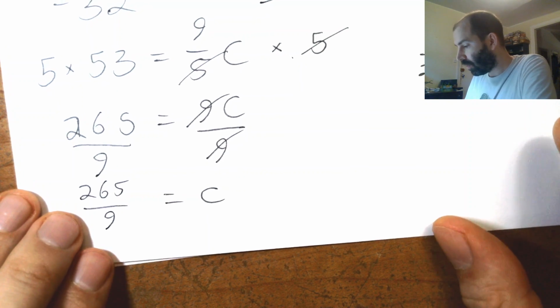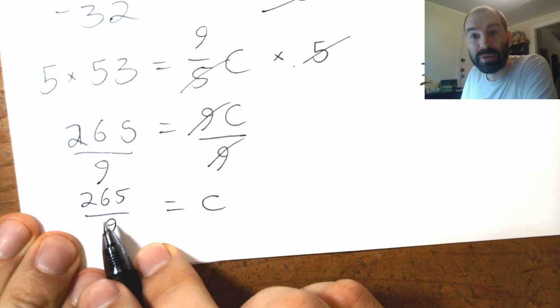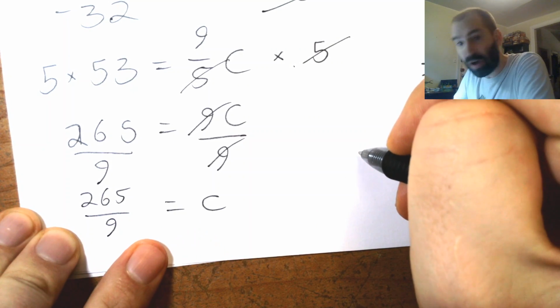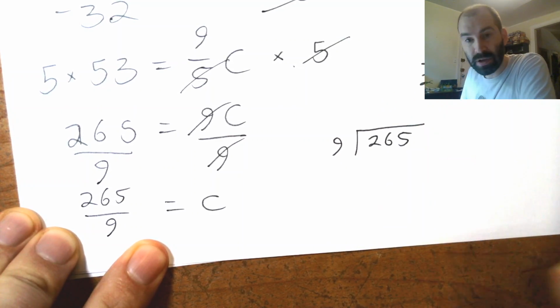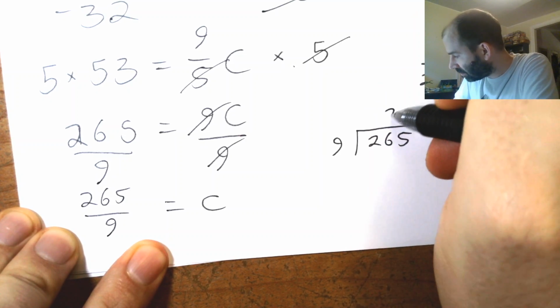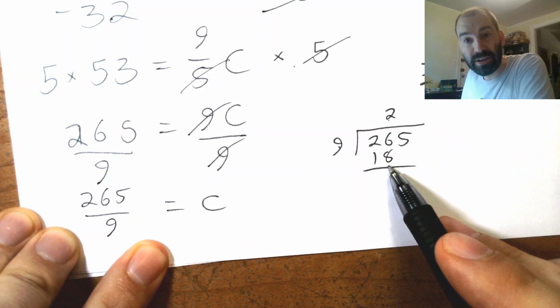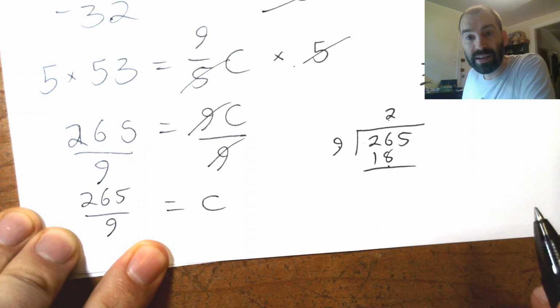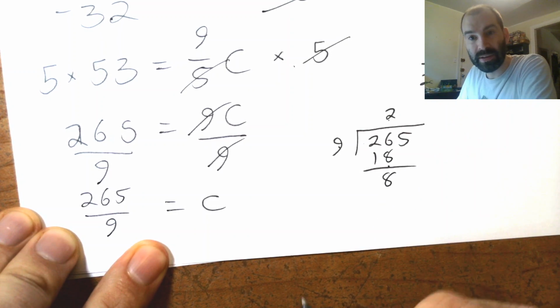Okay? What is that as a decimal? Let's go ahead and compute that. Let's do a little bit of long division here. How many times does 9 go into 26? Twice. 2 times 9 is 18. 26 minus 18 is what? 8. Drop the 5.